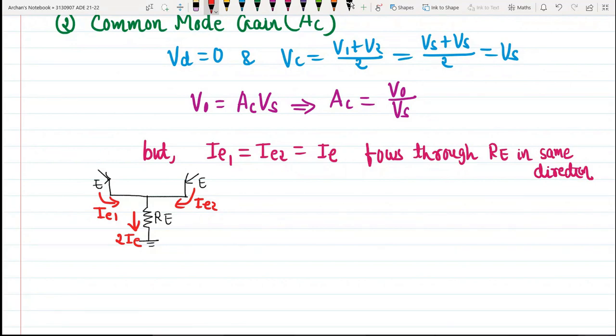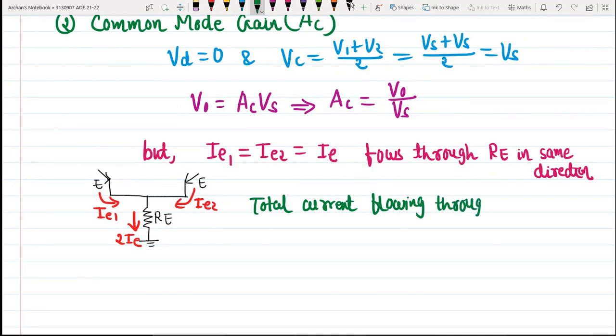So the total current flowing through RE is equal to 2 times the emitter current IE, because we have considered IE1 and IE2 are the same, because we have perfectly matched transistors. So the same emitter current will flow through it.